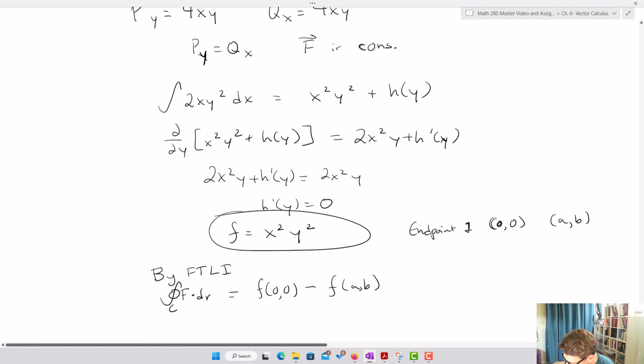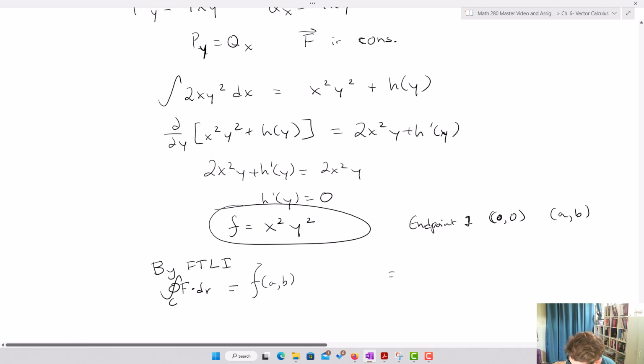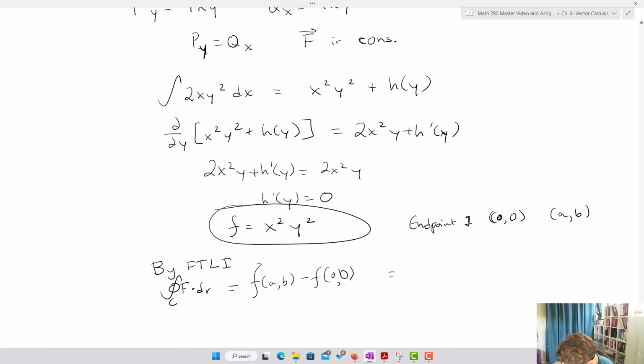Doesn't matter what the path is. So this ends up equaling, that's backwards, should be f of (a, b) minus f of 0, 0. And that equals a squared b squared minus 0, which equals just a squared b squared.